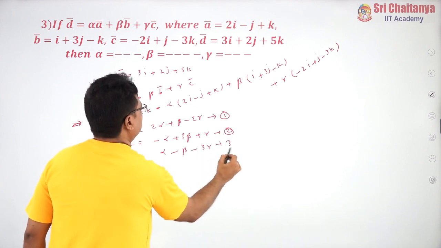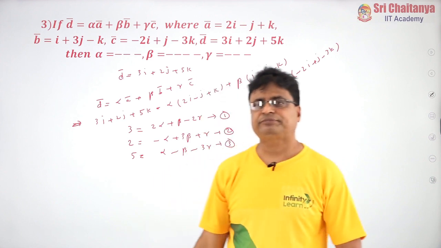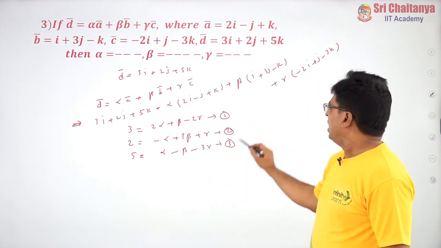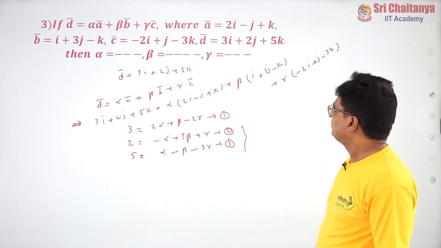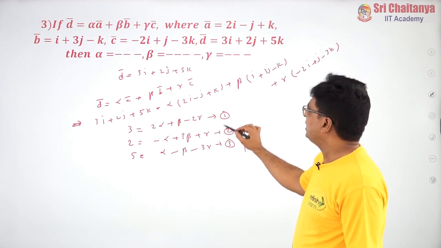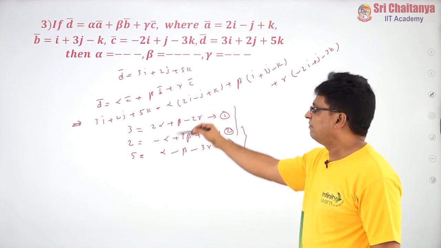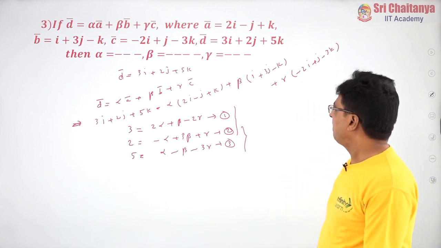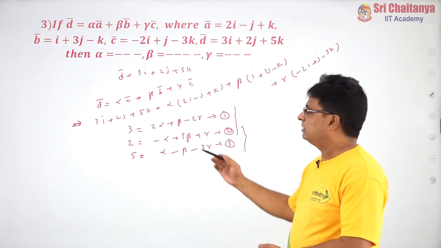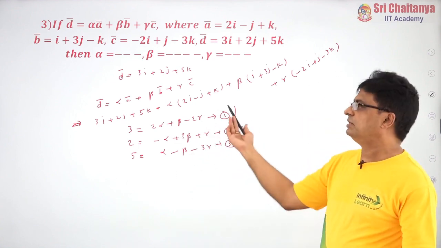Now in your hand there are 3 equations, very simple. Add these two, so alpha gets cancelled, and similarly multiply this with 2 and add these two, again alpha gets cancelled. You will get 2 equations in terms of beta and gamma, solve beta and gamma and find alpha, that is all.